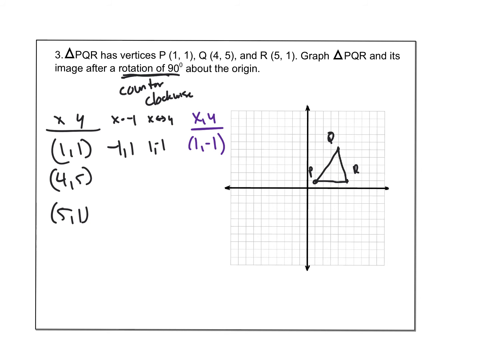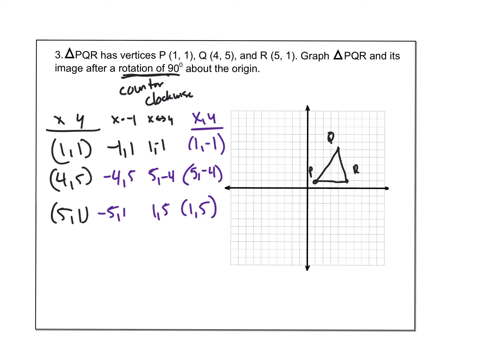I'll just keep the same color here. Multiply x times -1, switch them. So my new point becomes 5, -4. So here, multiplied by -1, switch them. So my new point becomes 1, 5.